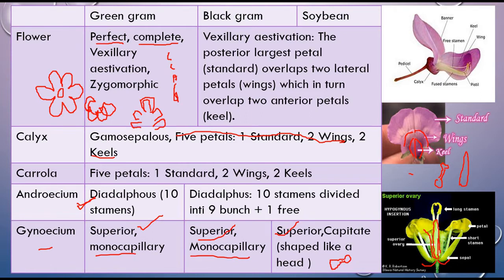Capitate means what? It possesses a head-like structure. The stigma possesses a head-like structure, then it is called a capitate stigma. So the gynoecium in case of green gram and black gram is superior and monocarpellary, and in case of soybean, superior and capitate gynoecium is present.